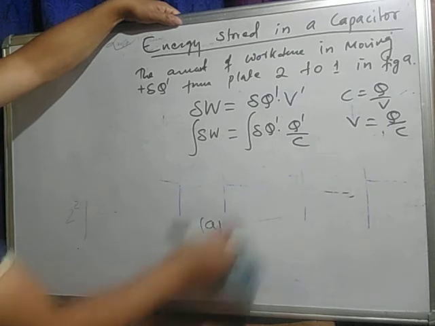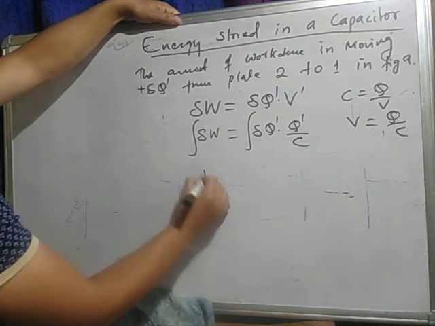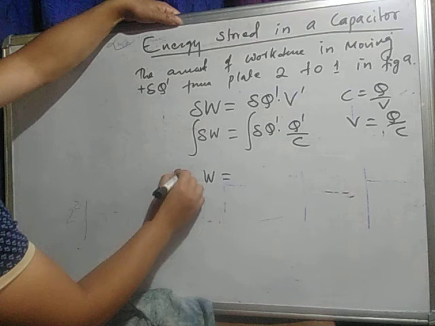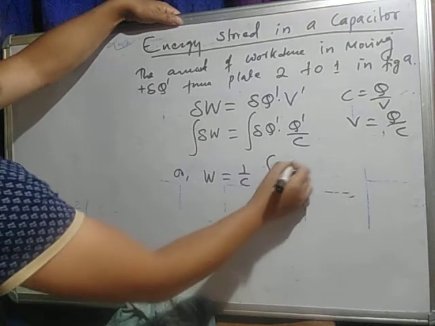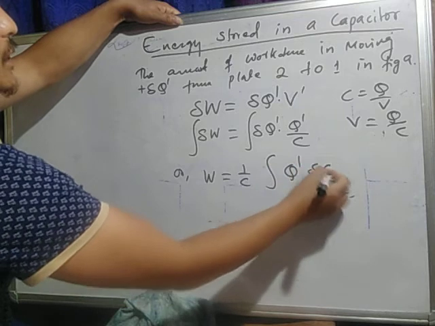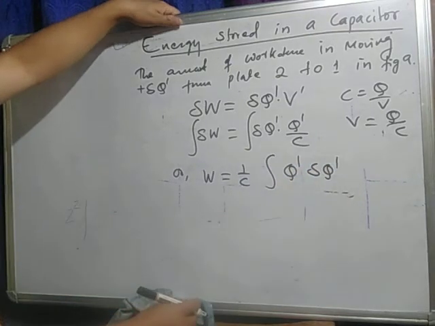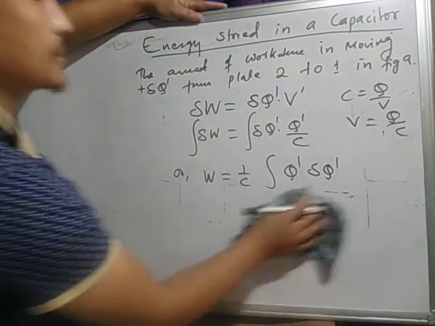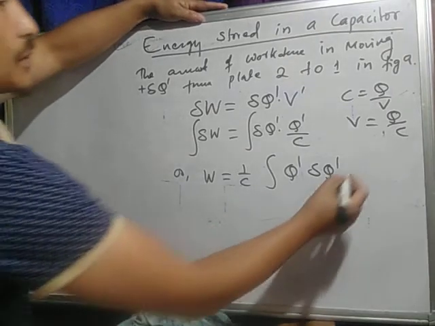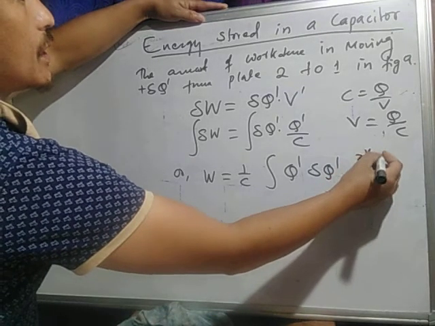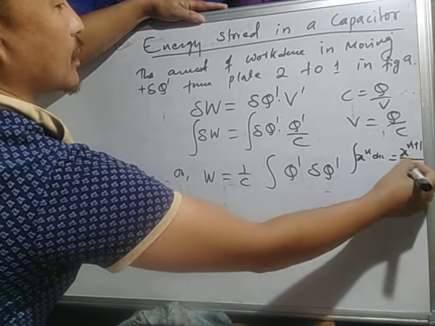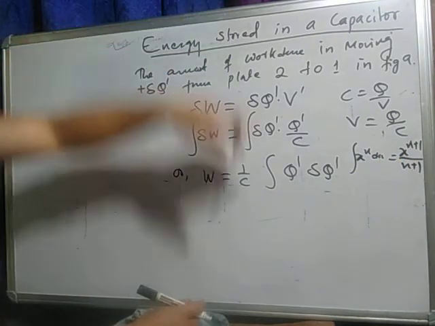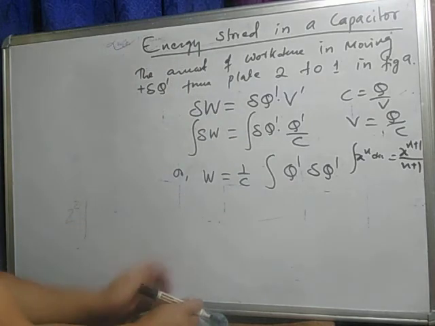So this will give you W equals to how much? See, 1 by C comes out, left Q dash del Q dash. You know how to integrate this one, isn't it? If you have to integrate x to the power n dx, you get x to the power n plus 1 by n plus 1. Hope you will not forget this.